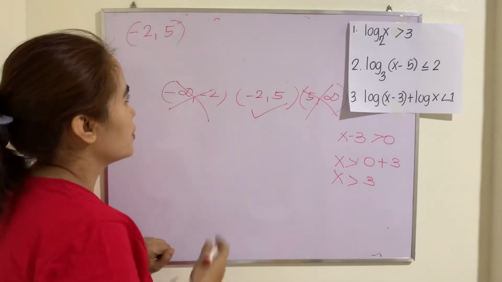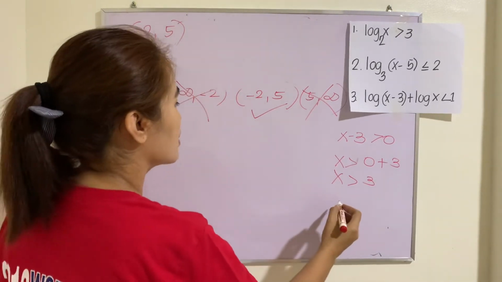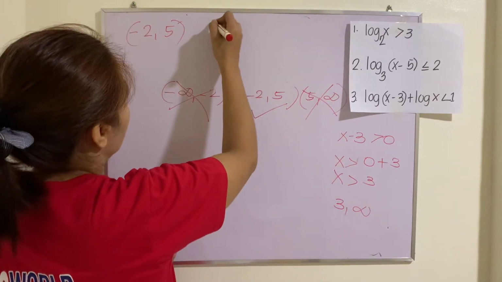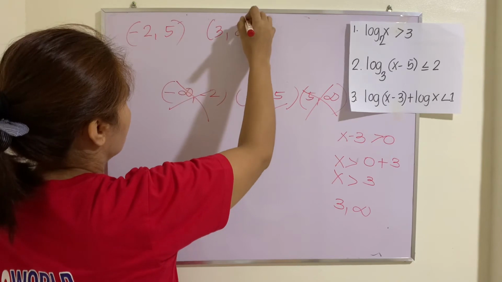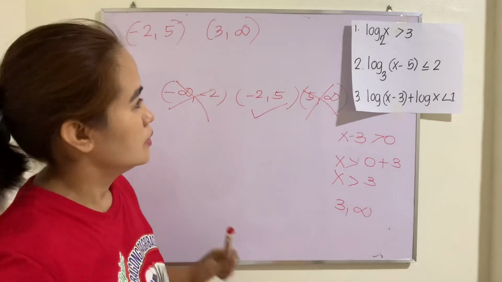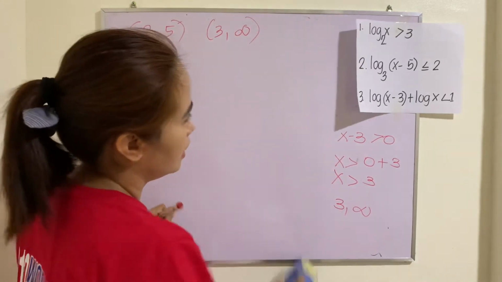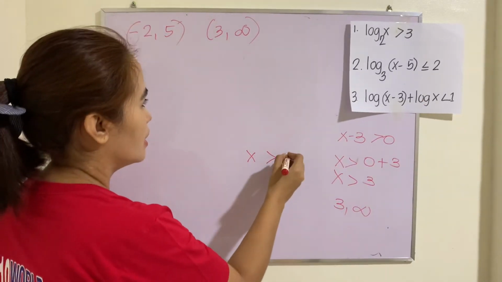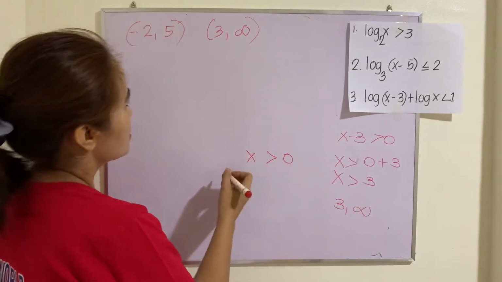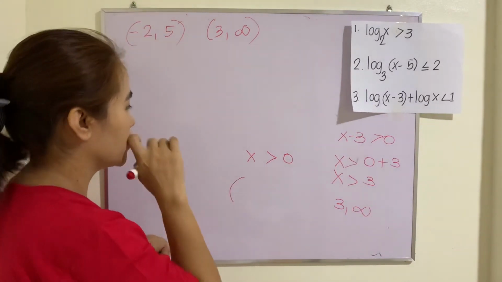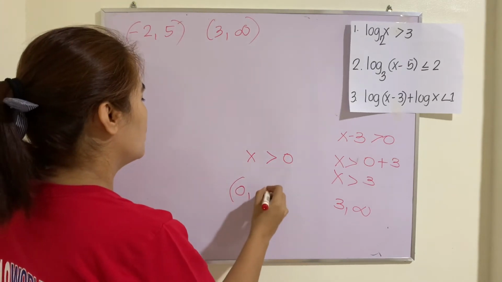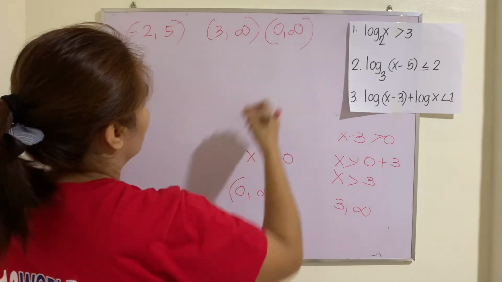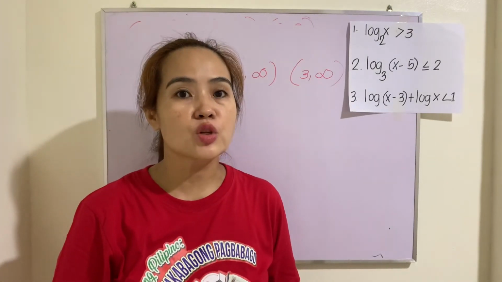So if we will represent it using interval, this will be 3, infinity. And then the last one is x there. So that will be x is greater than 0. How are we going to represent it? This is 0, positive infinity. Okay, so these are the 3 possible solutions.